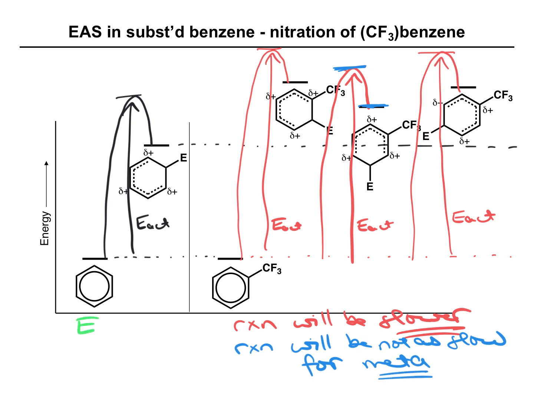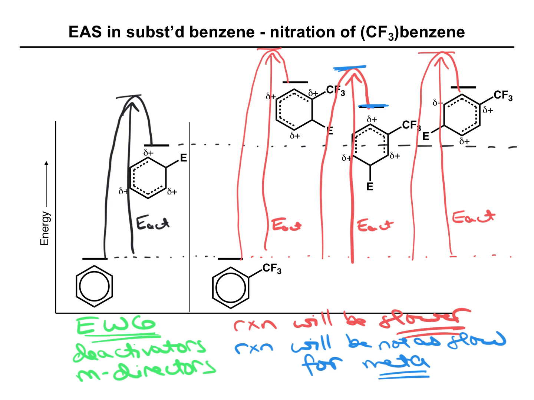So when we have an electron withdrawing substituent, so an electron withdrawing group as our substituent, in general, these are deactivators, so the reaction is going to proceed more slowly, and they are meta-directors. It's not that the meta position is good, it's just that the meta position is less bad than ortho or para.